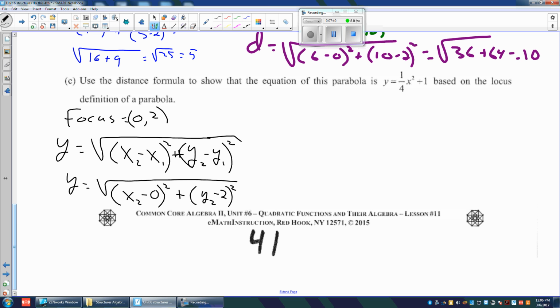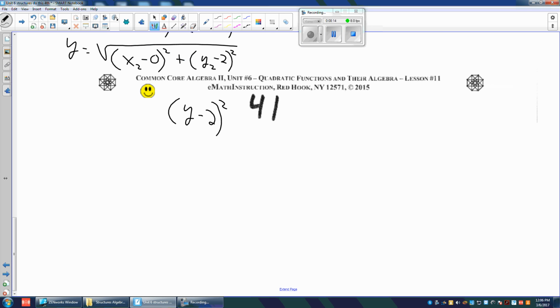I know that x minus 0 is just x, and so if I square it, that's x squared. So y equals the square root of x squared plus, and now, I don't know how many of you can do this in your head, so let's do it down here. y minus 2 squared equals y minus 2 times y minus 2.